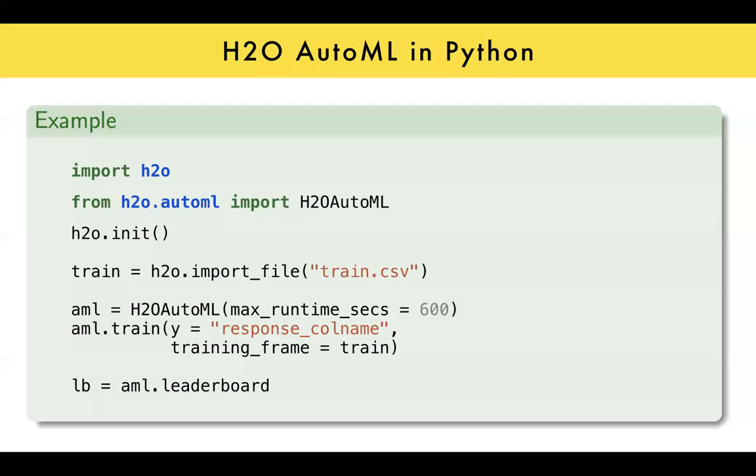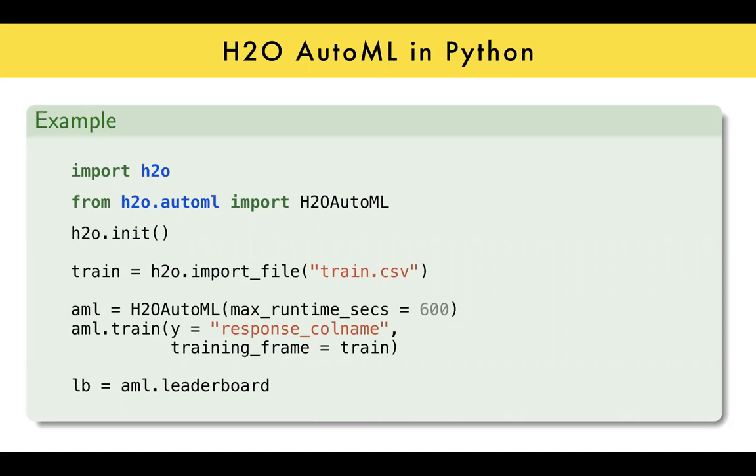And then we have 2 lines of code here, because this is generally a more Pythonic way of doing machine learning. So first we create an object of type H2OAutoML, and we put any kind of parameters to describe that in there. So this, we're going to control the time.